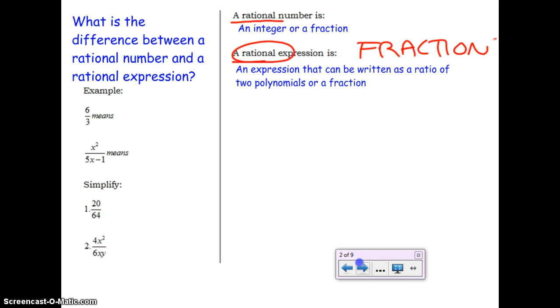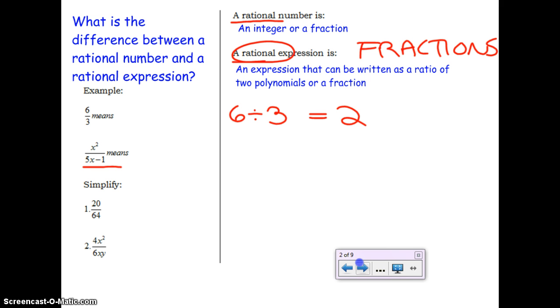Let's take a look at a couple examples. If you guys have 6 divided by 3, right? That literally means 6 divided by 3, and we can simplify that to 2. The difference between having a rational number like that and having a rational expression is when it's an algebraic expression, you have x's, right? We've got variables.